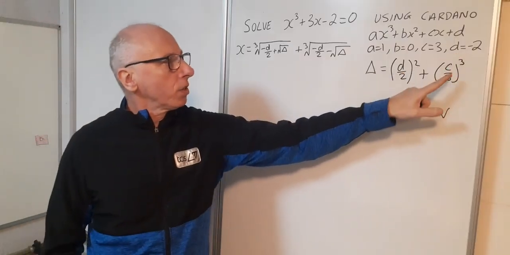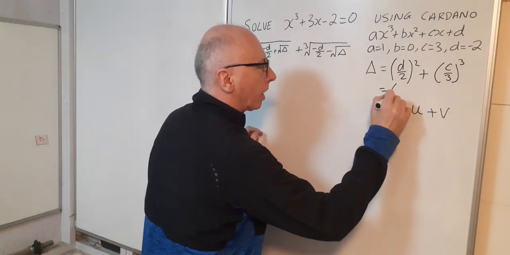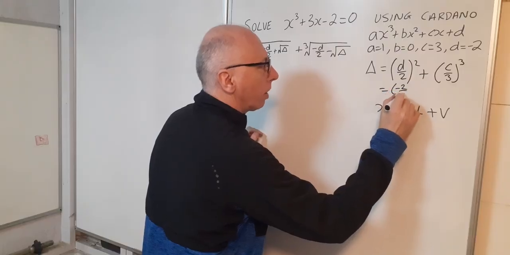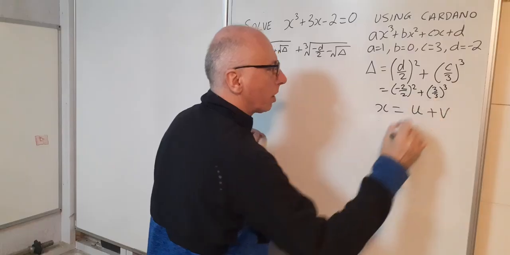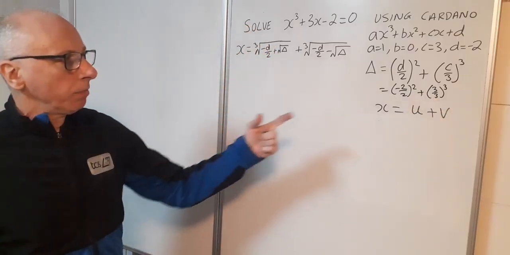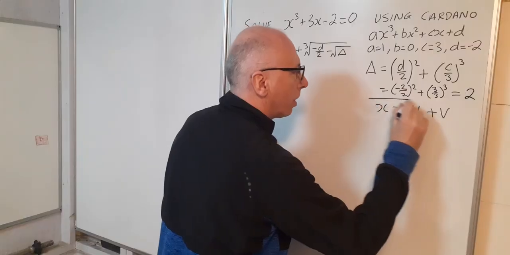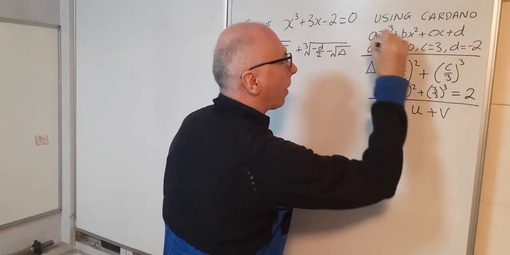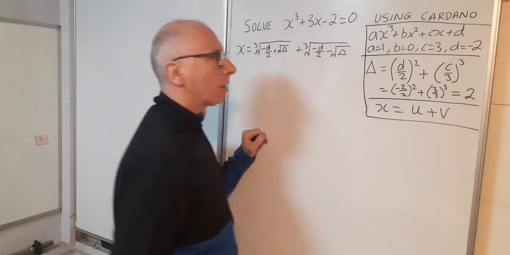So d is minus 2 and c is 3. So then that would be minus 2 over 2 squared plus 3 over 3 cubed. It's quite clear that that comes to the value of 2. So that takes care of that. So I can put these in a box. I'm going to keep these.